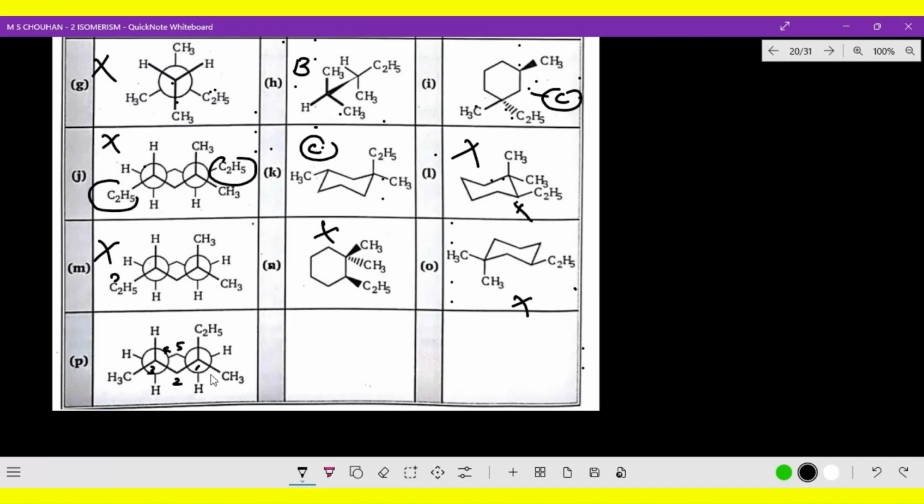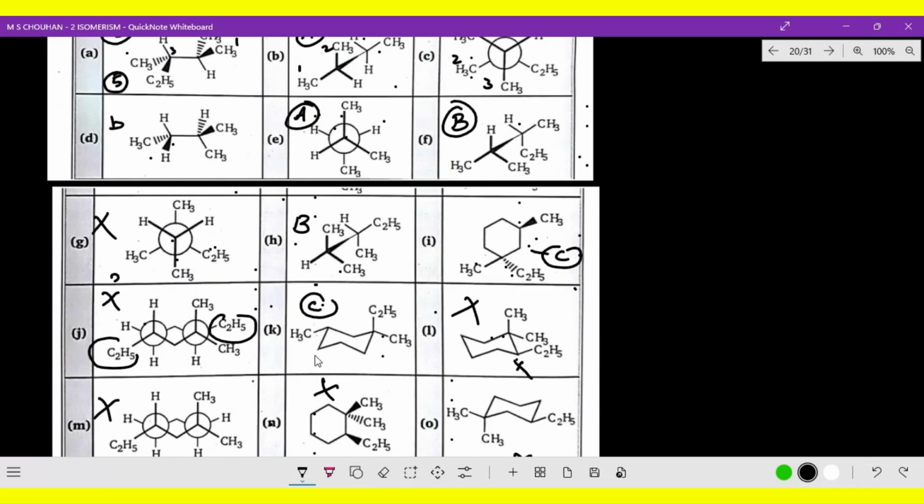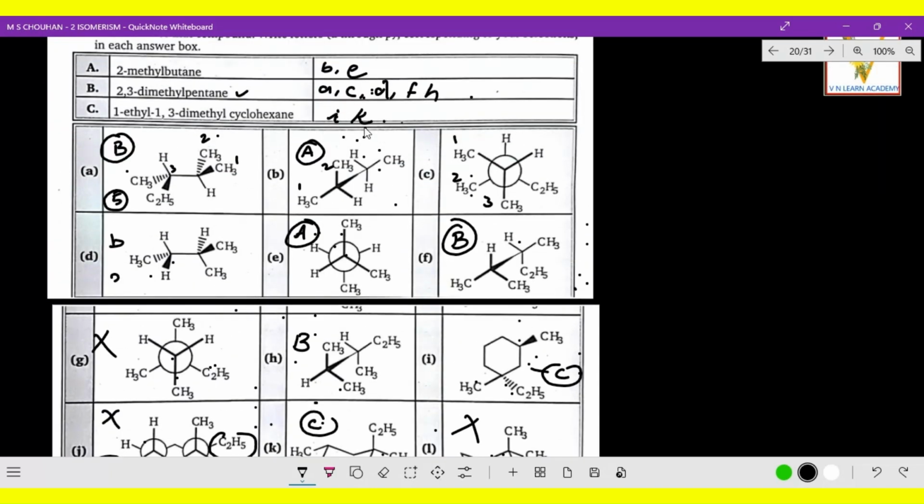So this point it is 1 ethyl, 1 3 dimethyl, this point 1 3, this one point also, methyl group it is there, you see this point, this is 1 ethyl group, 1 ethyl, 1 3 dimethyl, what it is, cyclohexane. So 5 6, that is there, no, 1 2 3 4 5 and 6, right? So that means this is what it is, C option. So in that P, this is P, right? I hope you got that idea how to identify.